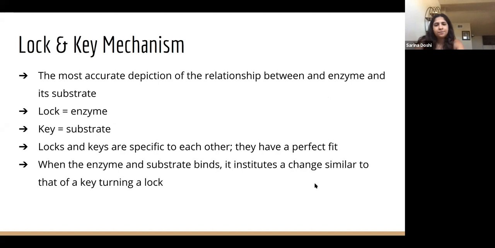And both of them relate to the lock and key analogy as they're specific to each other. So you'll have a ligand, and that ligand can bind only to this specific receptor. This specific receptor can bind only to that specific ligand. This is the same situation with a lot of enzyme and substrate. There's a lot of different terms for it. Enzyme and substrate complexes, I guess.